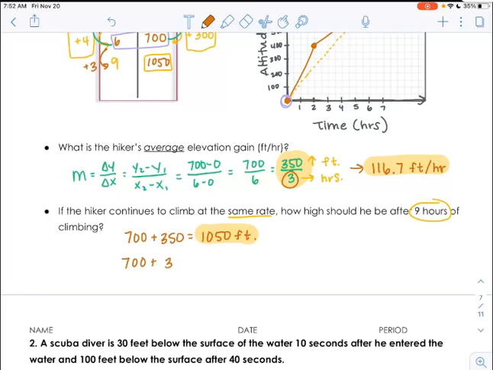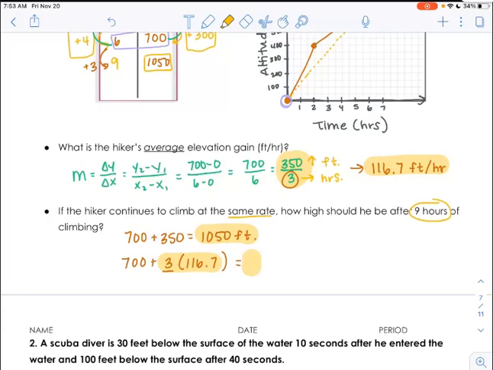3 hours have passed times 116.7. That's how many feet he's going up per 1 hour. And then I would get my value, and I should get the exact same thing, maybe a little different just because I had to round that number. So remember, use order of operations. I'm going to multiply first, 3 times 116.7 gives me 350.1, like I'm off just a little bit, and then plus 700 is 1050.1.